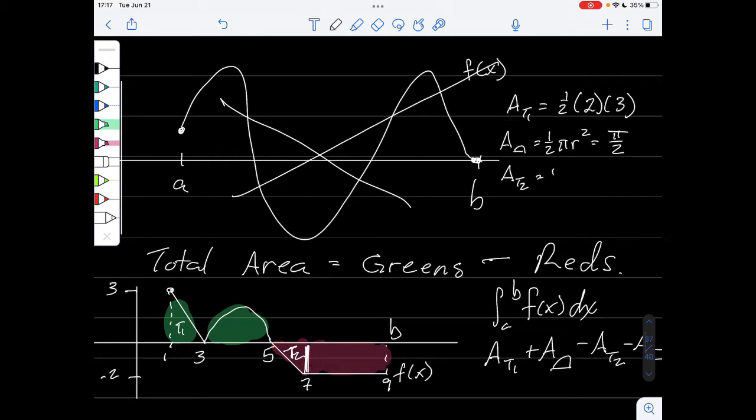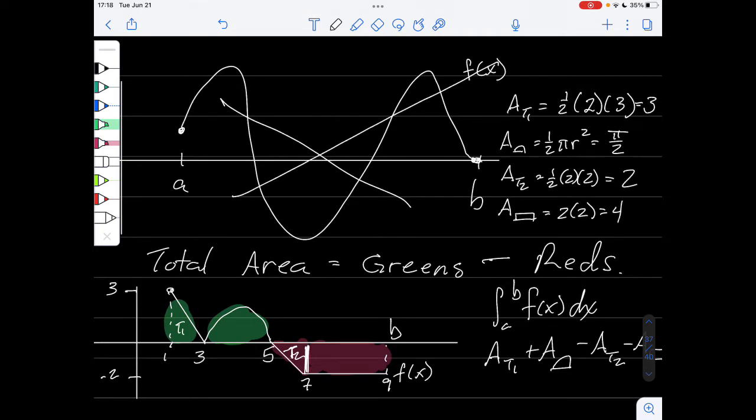So it's 1/2 times 2 times 2. So the area of T1 is 3, and the area of T2 is going to be 2. And the area of the rectangle is just base times height, so the length is 2, and the height is 2, so that's 4.